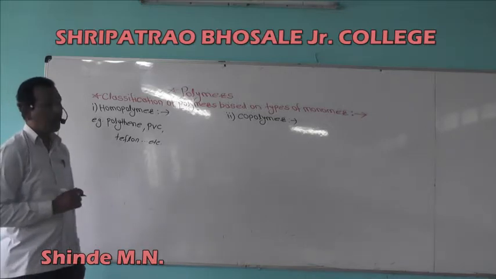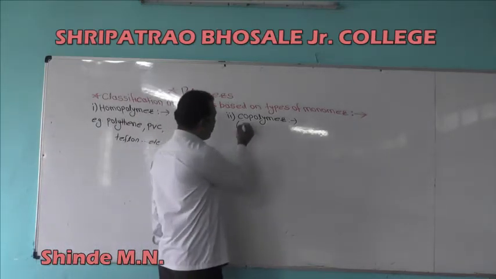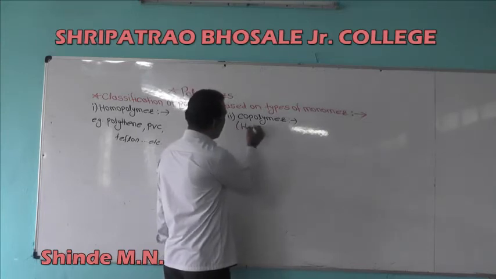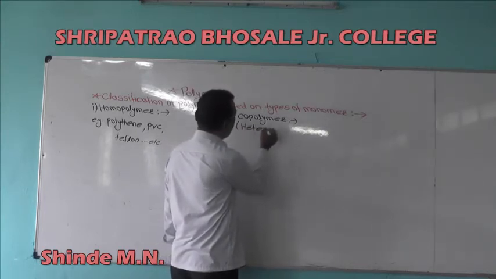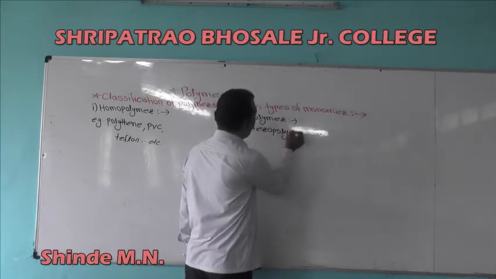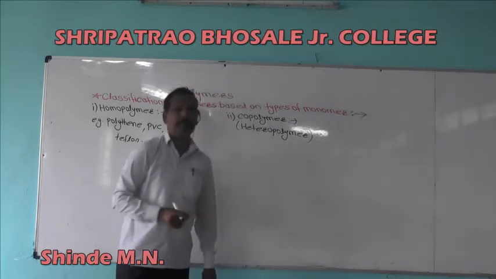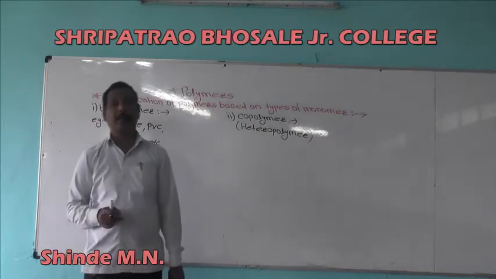Another type is copolymer, or it is also known as the heteropolymer. Hetero means different.